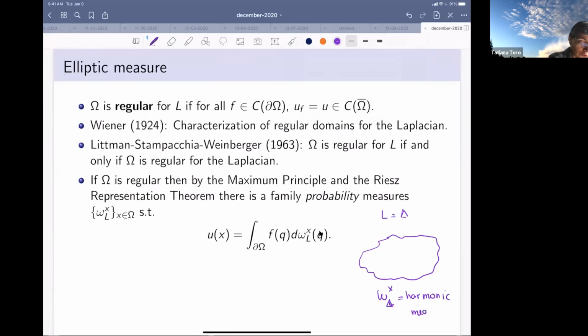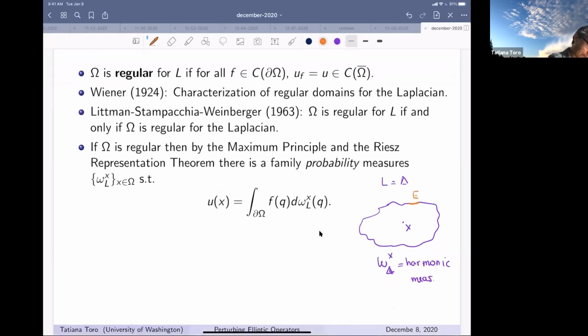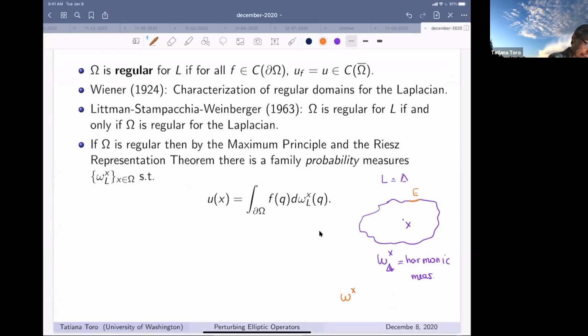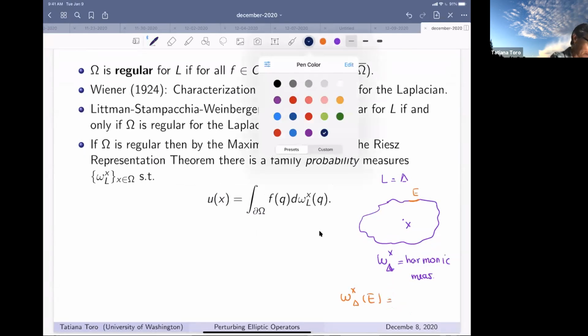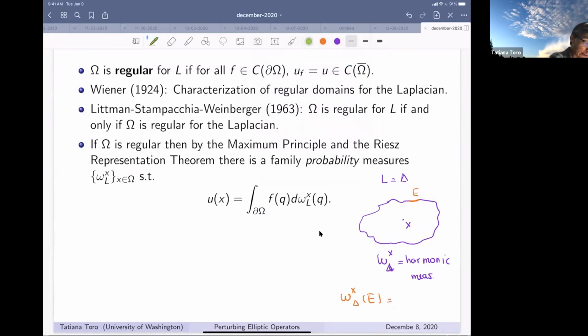And I remind you that it's measuring the probability that if you start a random walk, and if this is the set E, omega x Laplacian of E is the probability that the random walk that starts here will first hit the boundary at a point in E. So it's a probability measure.